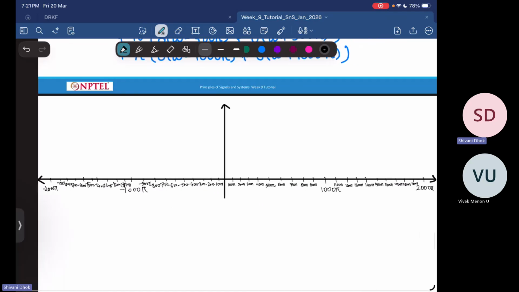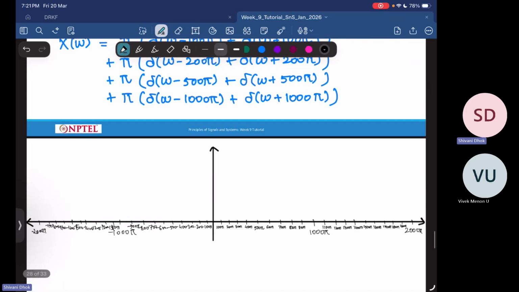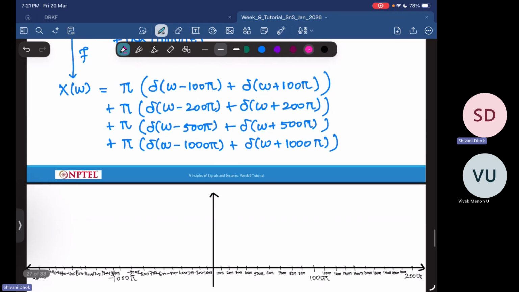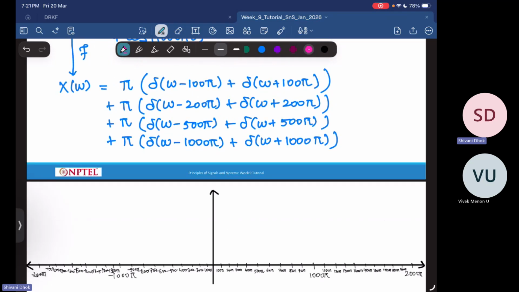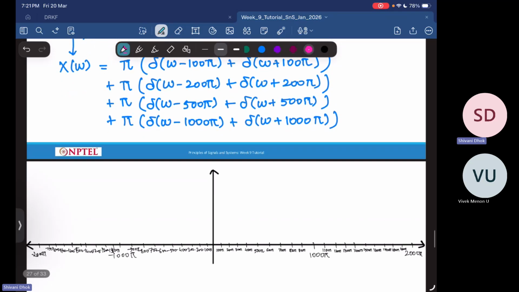and you have 2000. So now you have the first value, an impulse at 100 and minus 100. I'm not writing its magnitude. Then you have at 200 and minus 200 pi.